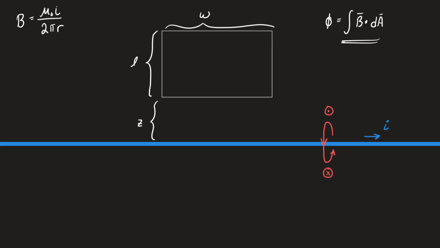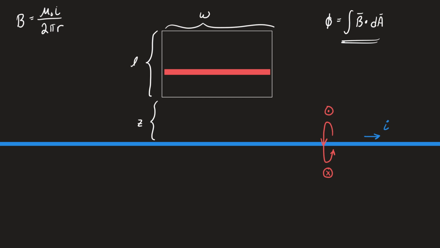That symmetry is that if I take, say, this square, or this rectangle, and place it here, the magnetic field inside this rectangle is relatively the same everywhere from left to right within this rectangle.